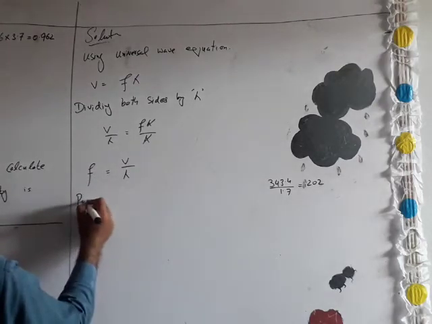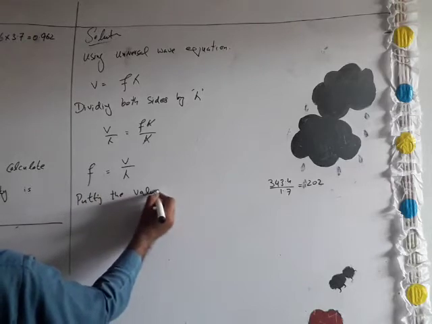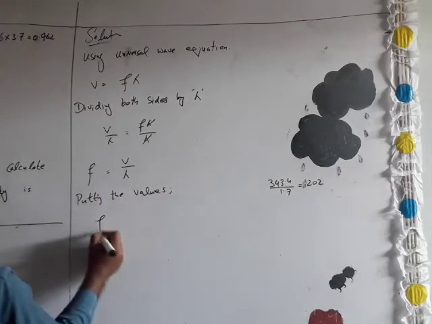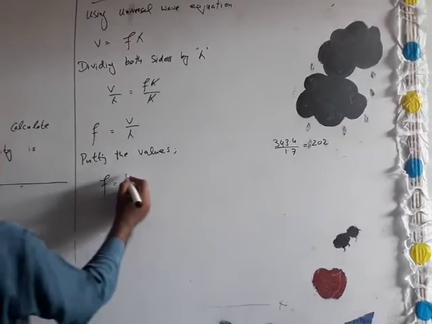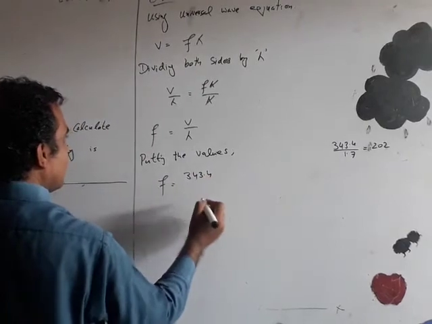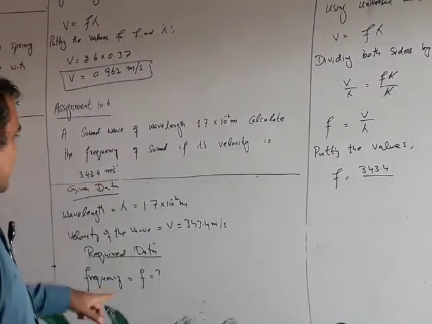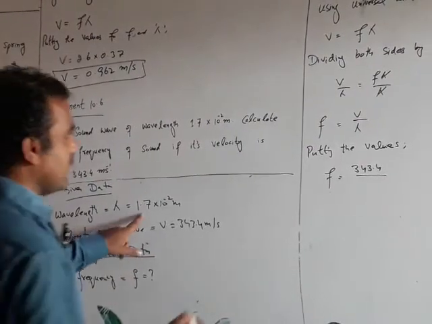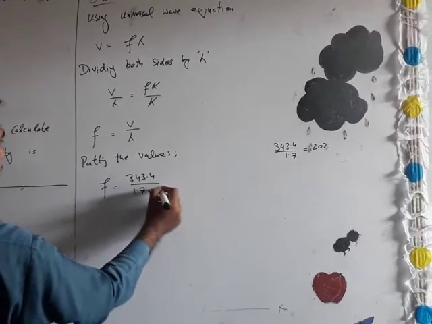Now putting the values. f is equal to, the value for v is 343.4 divided by the value for wavelength, which is 1.7 multiplied by 10 power minus 2.